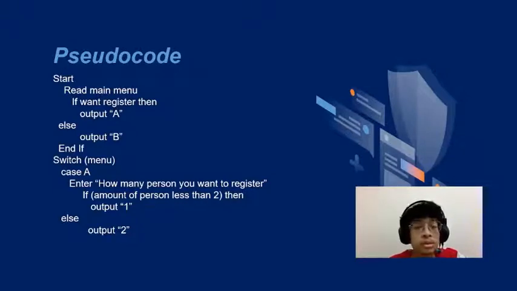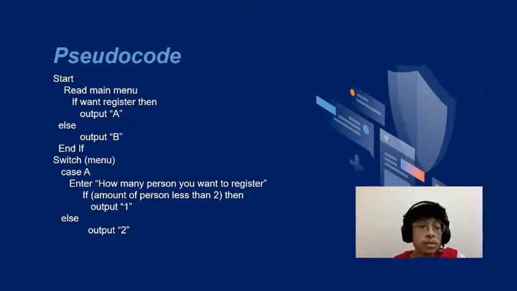The program will show the customer the main menu and ask the customer to choose A or B. A stands for registration and B stands for information.